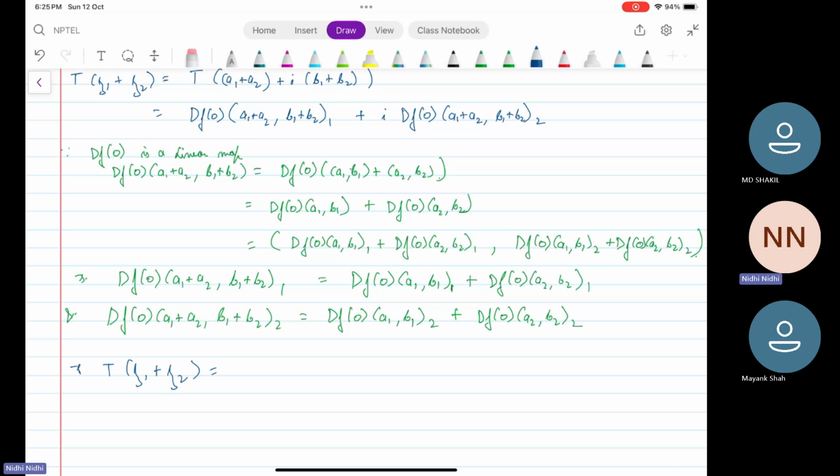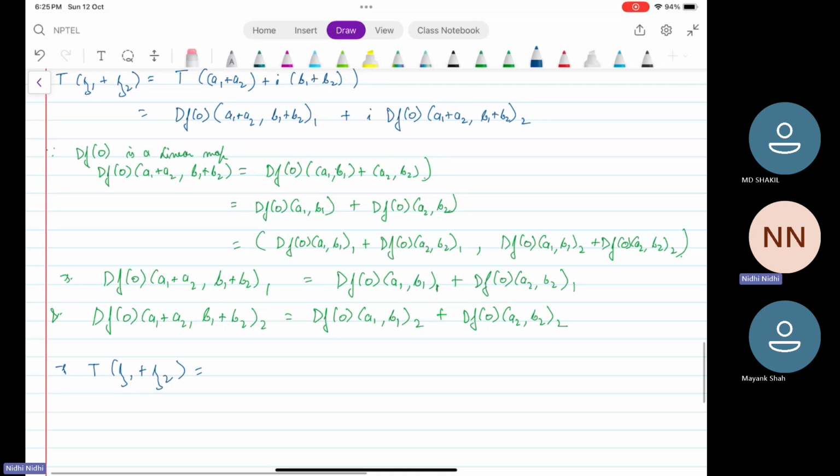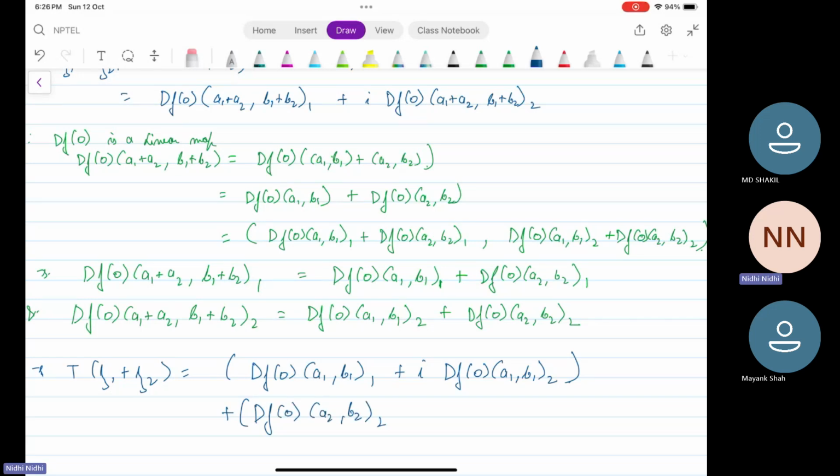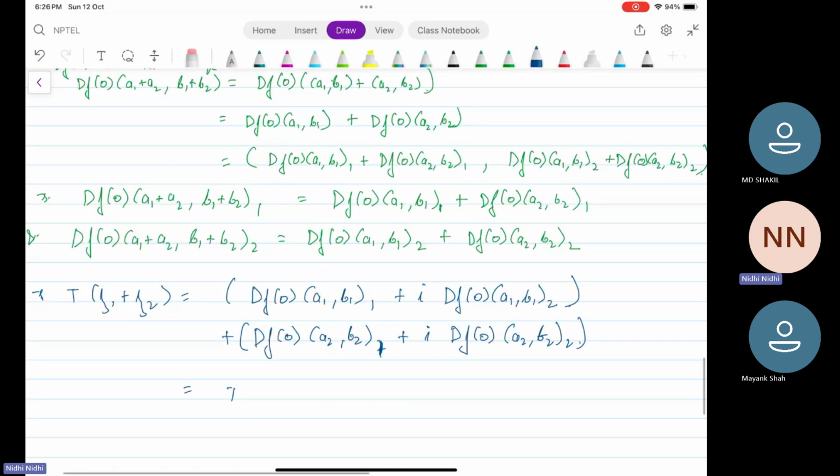I'll just club the iota part. The real part will be df0 a1 b1 first component plus iota times df0 a1 b1 second component, plus df0 a2 b2 first component plus iota times df0 a2 b2 second component, which is nothing but Tz1 plus Tz2.